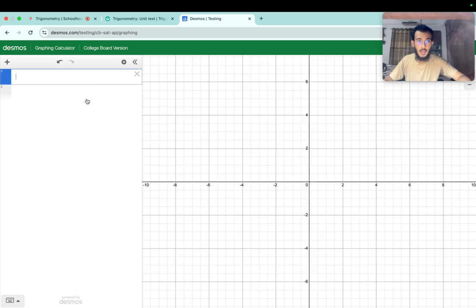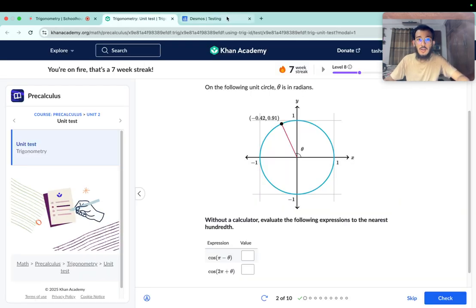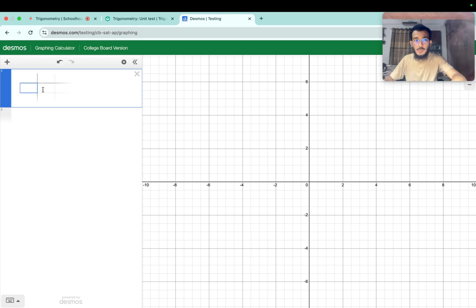So I am creating it here, and we will use it throughout the unit test. It is very helpful. Once we make the table, it makes our life easy, and we can just follow the table and find the value.